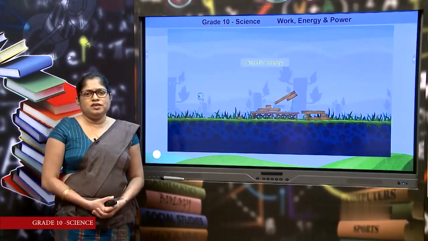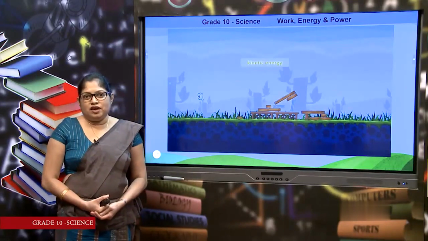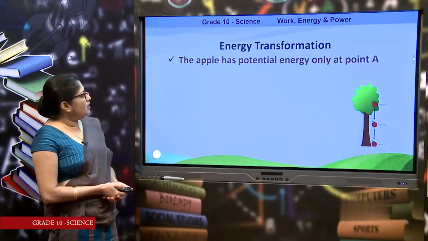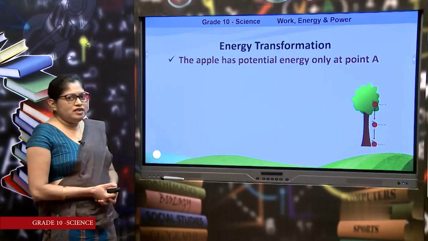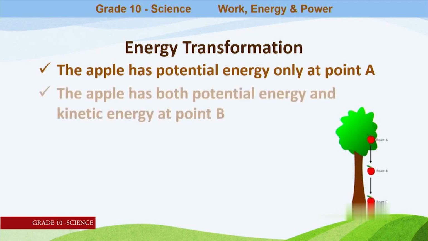Let us do some more examples related to energy transformations. Look at this picture. An apple is on a tree and that apple is falling from the tree. Here there are 3 points labeled in the diagram.